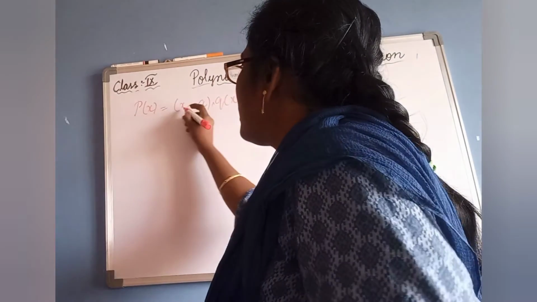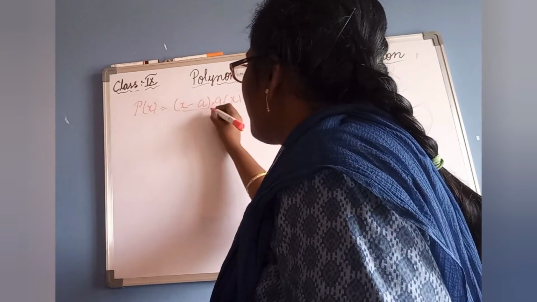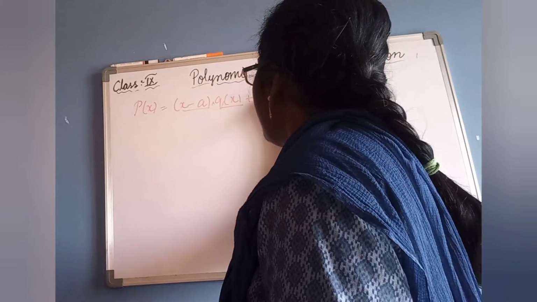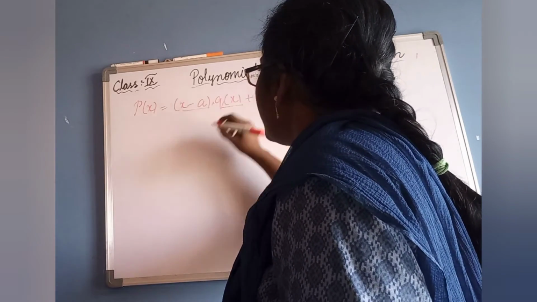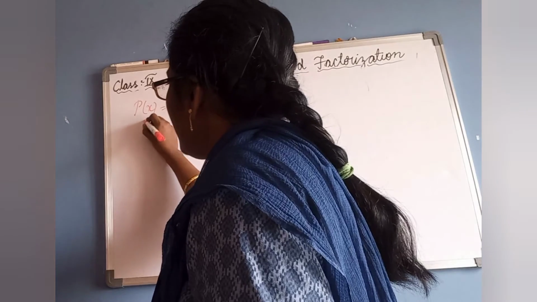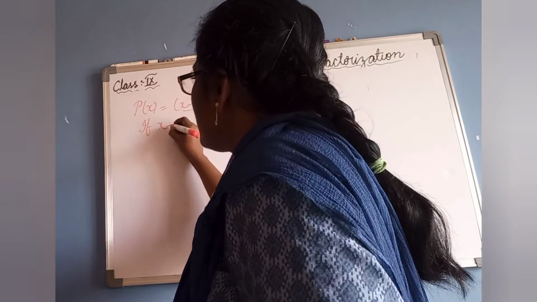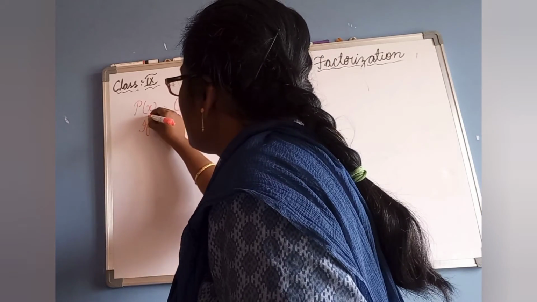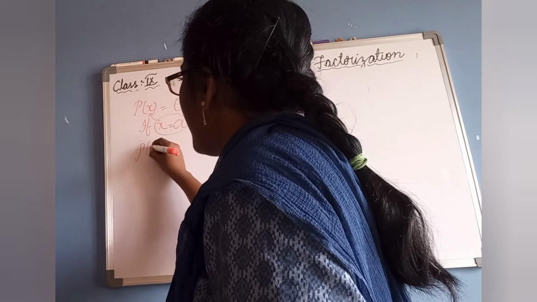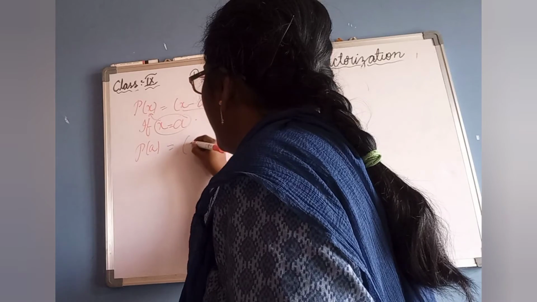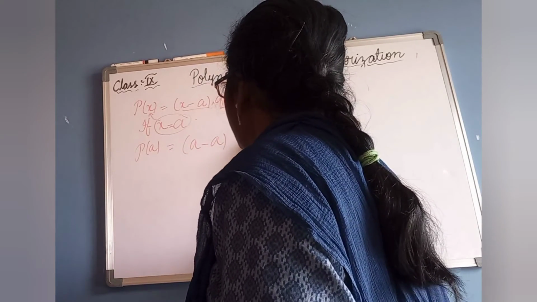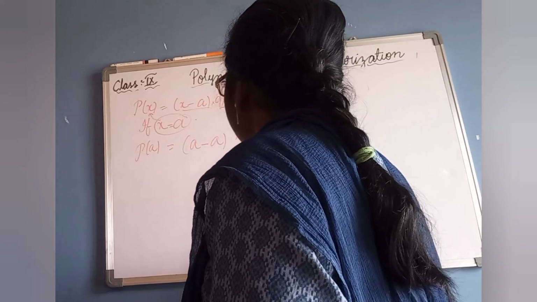So p of x is equal to x minus a times q of x plus k. In place of r we are writing k because r is a constant. In the given equation, let us substitute x is equal to a. p of a is equal to a minus a times q of a plus k. a minus a becomes 0, and 0 multiplied by anything becomes 0.